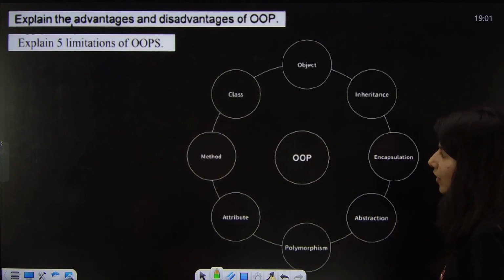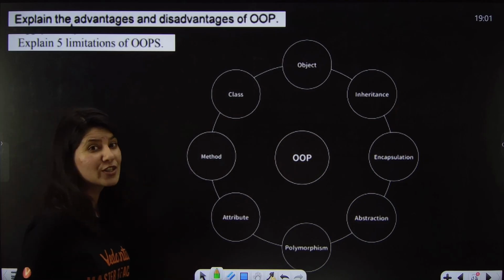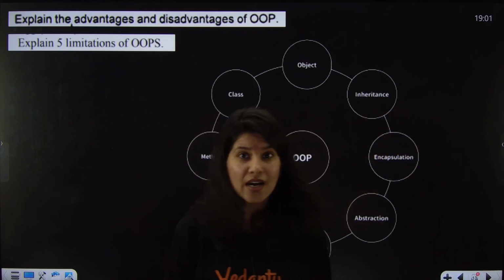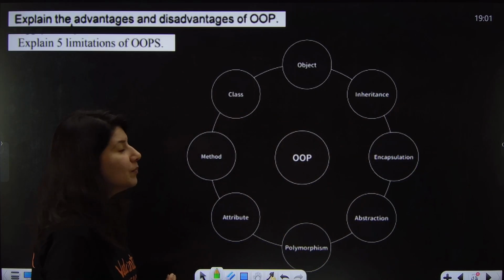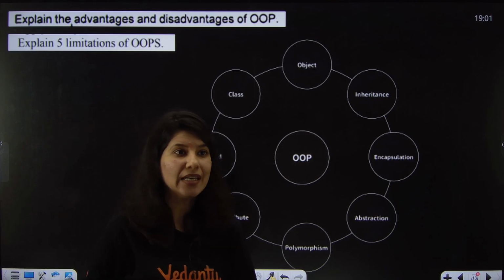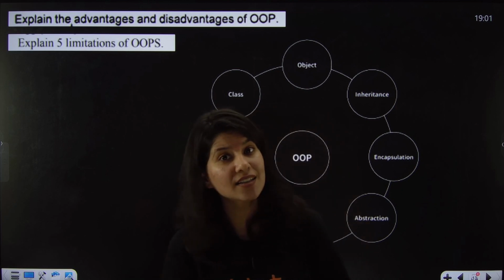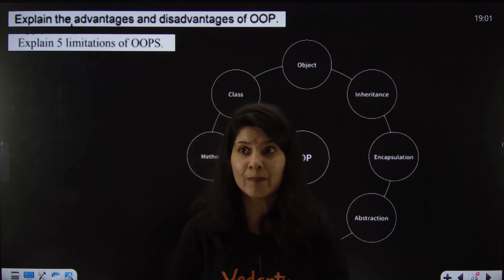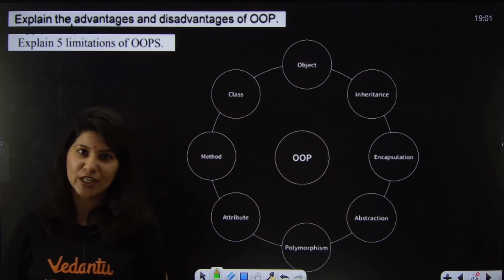Okay, all right, now the next problem is from object-oriented programming. Although object-oriented programming is a whole big chapter, the most popular question from this will be: explain the advantages and disadvantages of object-oriented programming, number 1, or they can ask you to explain the limitations of object-oriented programming.